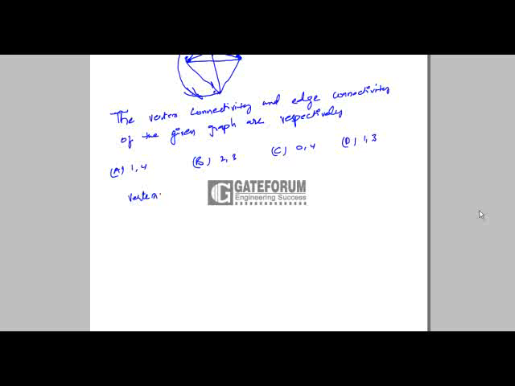Vertex connectivity is nothing but the minimum number of vertices whose deletion from the graph disconnects the graph.